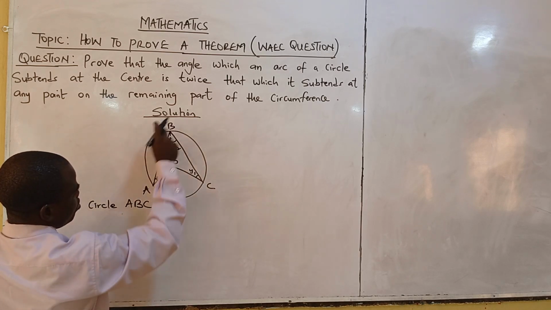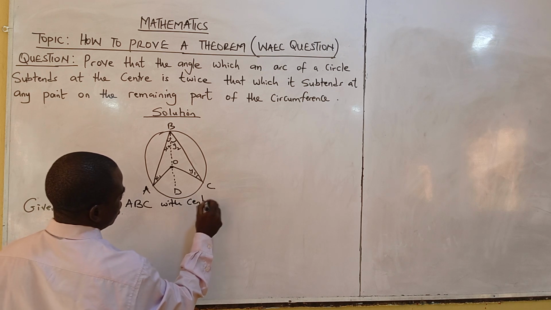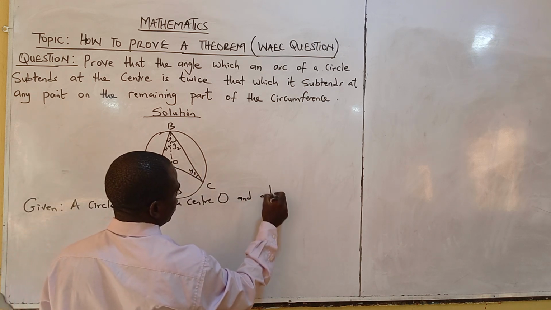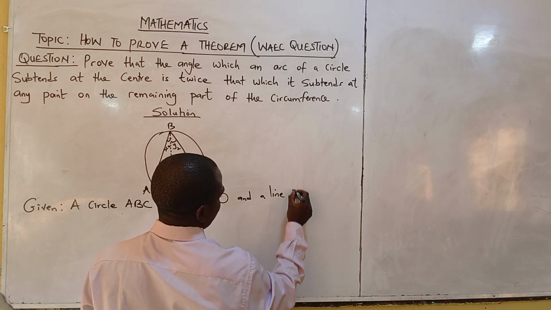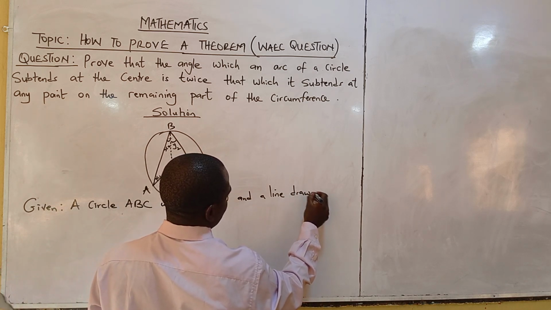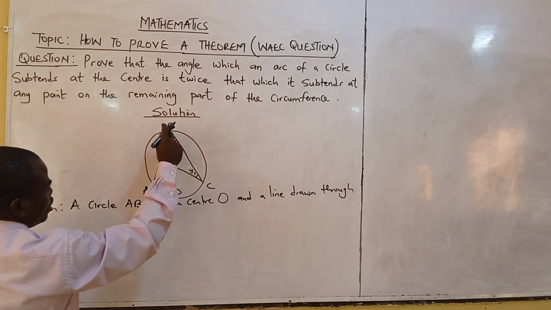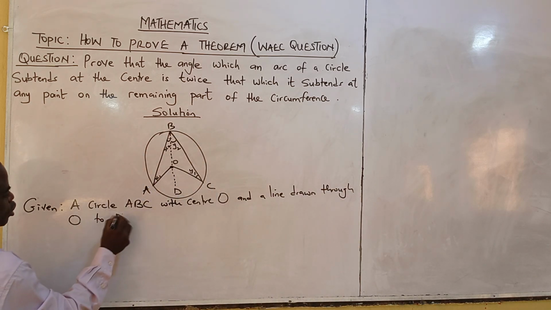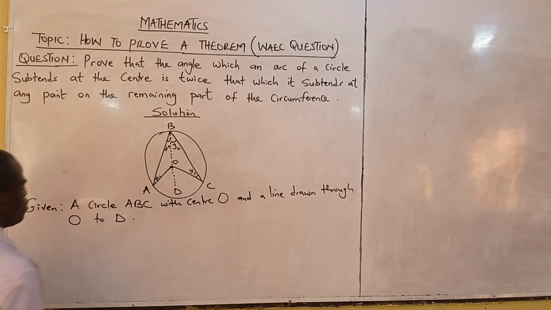A circle ABC with center O, and a line drawn through O to D. That's the construction.